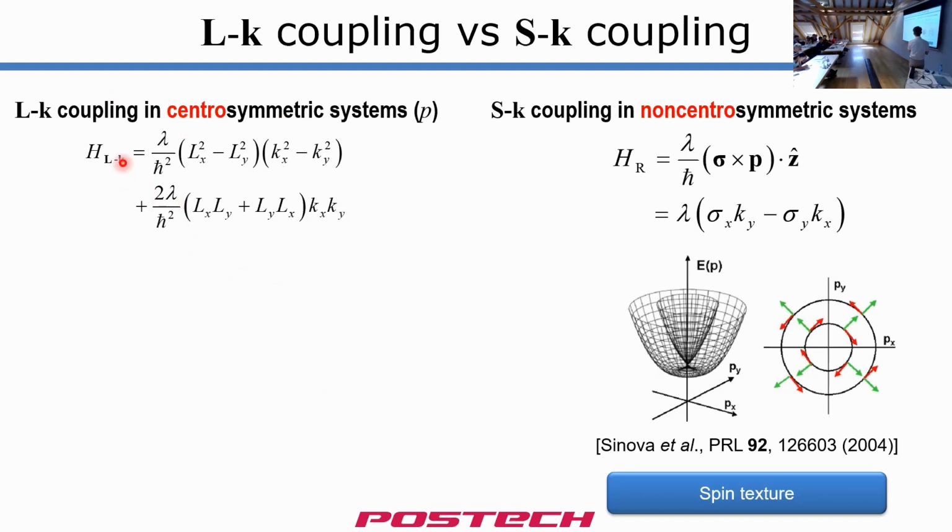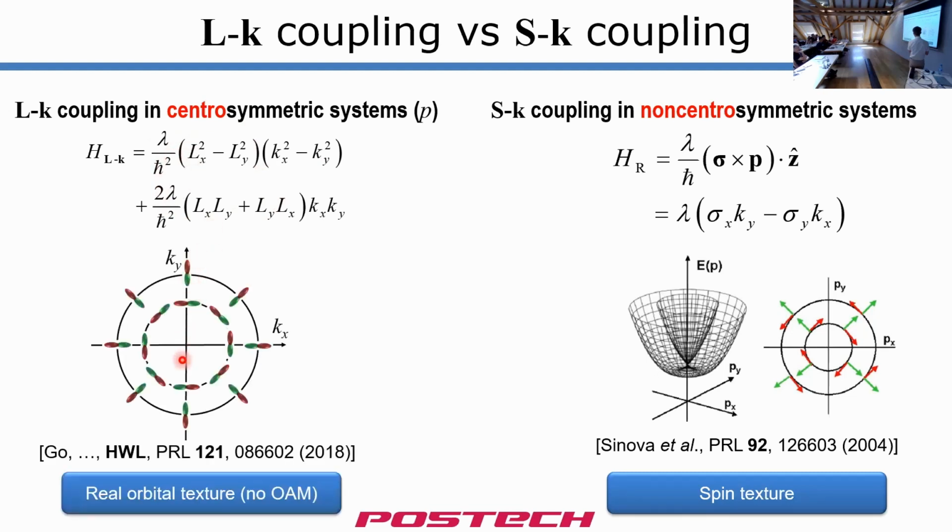Suppose we are dealing with a p orbital system, and then we can find the eigenstates set by this Hamiltonian, and the result is this. This is exactly the orbital texture assumed by Dong when he wrote his PRL paper in 2018. So this coupling between L and K shows that couplings between K and L are indeed allowed, even in a centrosymmetric system.